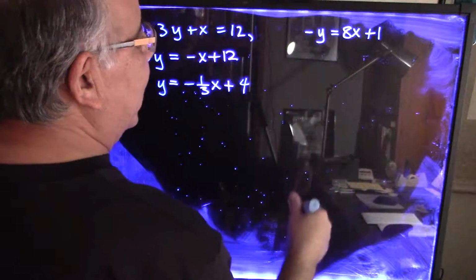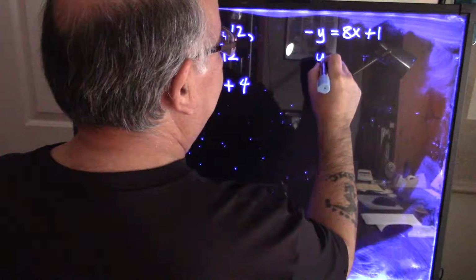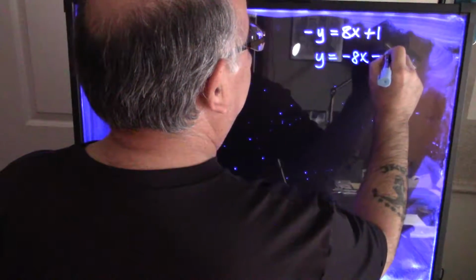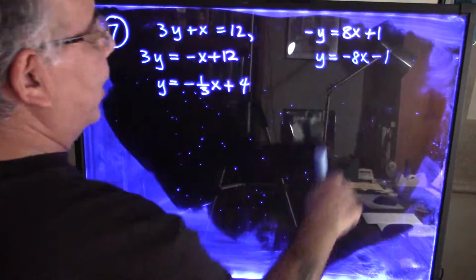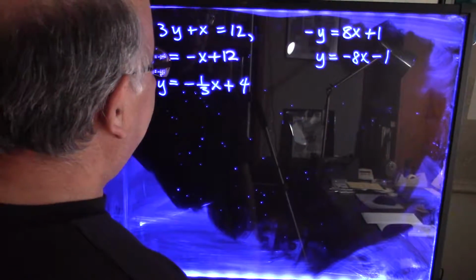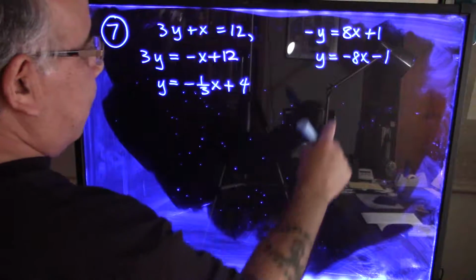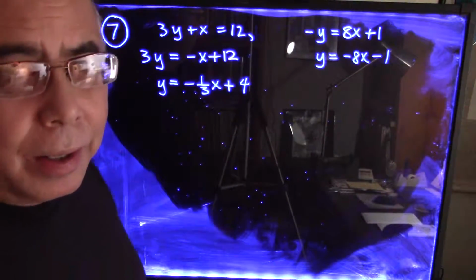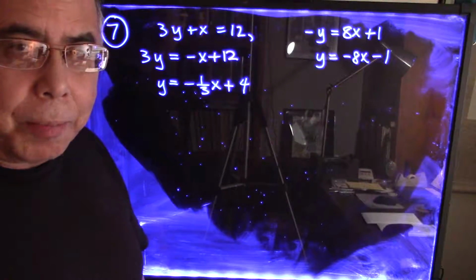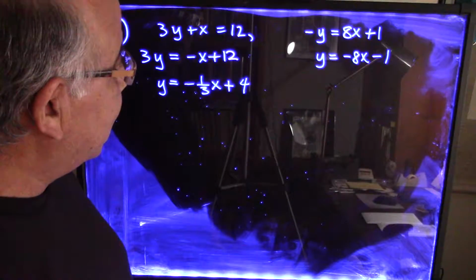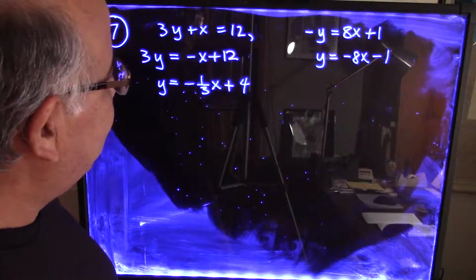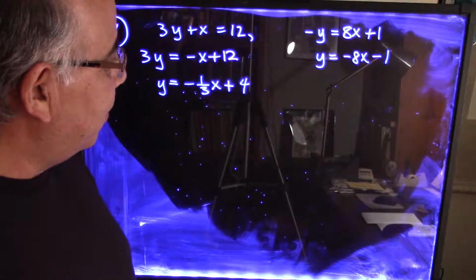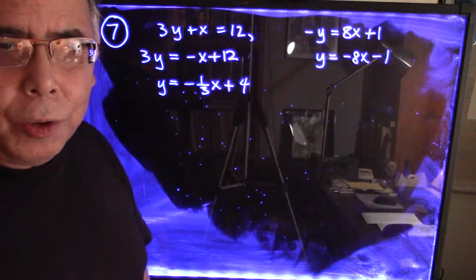So you multiply both sides by negative 1, and now it's in slope-intercept form. Both terms are multiplied by negative 1. Now, the slope here is negative 8, and the slope here is negative 1/3. Obviously, they're not equal, so they're not parallel. Are they negative reciprocals of each other? No, definitely not. So these are neither parallel nor perpendicular.